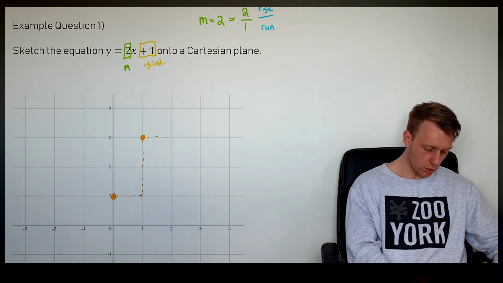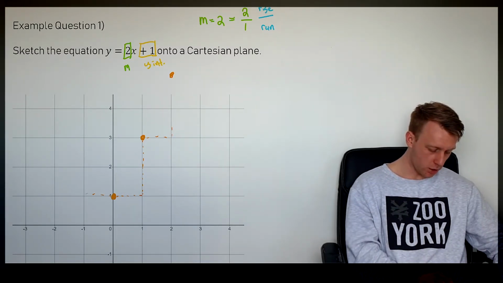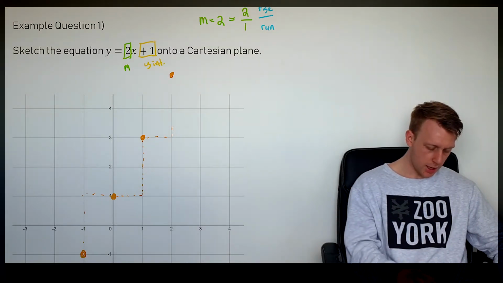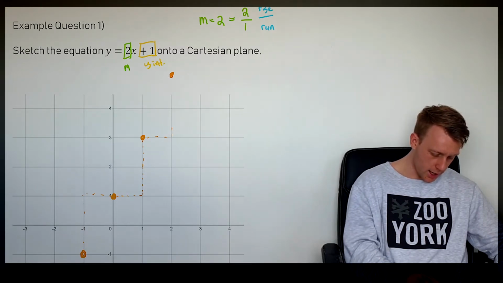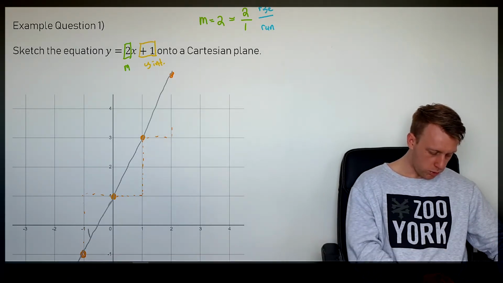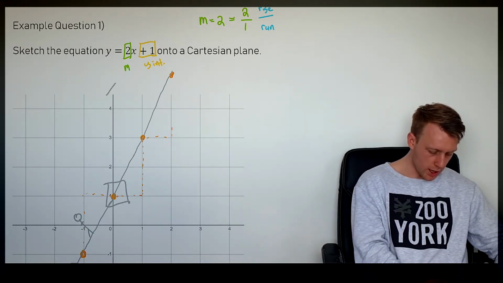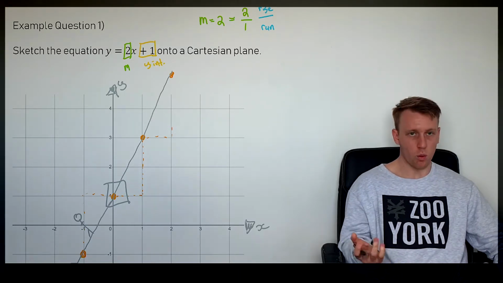We can also go back the way. So as we go back 1, we'd be going down 2 to that point there. And we would have a straight line. I'm going to do it in grey here. That looks like this, where it is quite a steep slope passing through the y-intercept at plus 1.